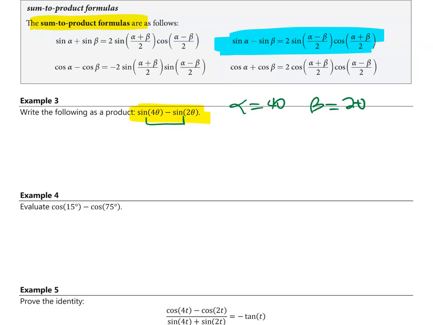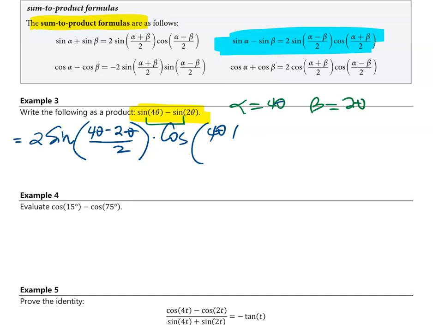So that is equal to 2 sine of 4 theta minus 2 theta over 2 times cosine of 4 theta plus 2 theta over 2, and then we simplify this.